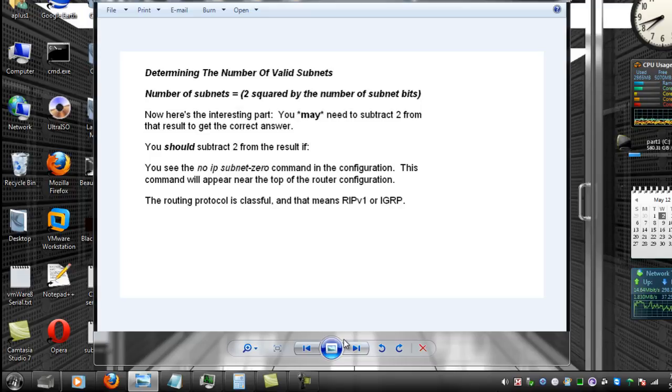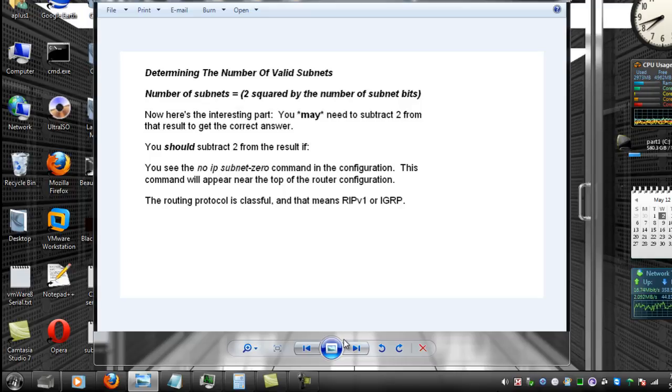Cisco has made it clear that if you would be asked, you will know, and more likely it's going to be a CCIE style question anyway. Those are the people that are going to be asked something off the wall like this, not you. You should not subtract 2 if classless protocols are in use, like RIP version 2, EIGRP, and OSPF. If those are in use, do not subtract 2. If you see VLSM anywhere, do not subtract 2, and you will run into VLSM if you're doing ICND2.